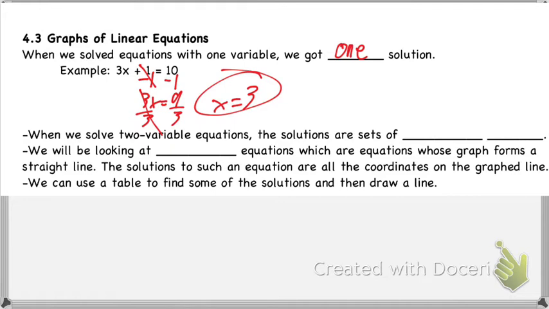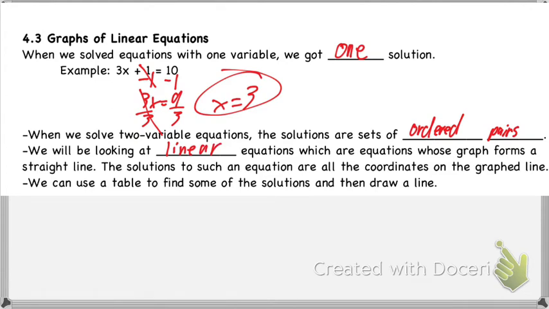When we solve two variable equations, we'll have an x and a y. The solutions are what we call sets of ordered pairs. We kind of talked about this a little bit the other day. They're sets of ordered pairs, as in our x comma y. We will be looking at what we call linear equations, which are equations whose graph forms a straight line.